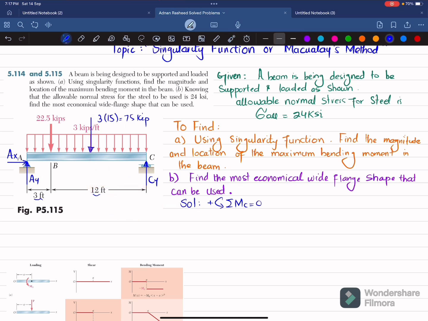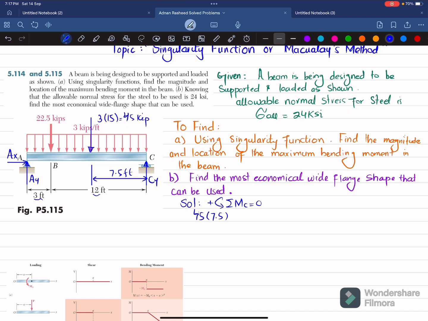So I will write 75 multiplied by 7.5, because it is acting at a distance of half of 15, which is 7.5 feet. And let me correct, 3 multiplied by 15 is 45, not 75.